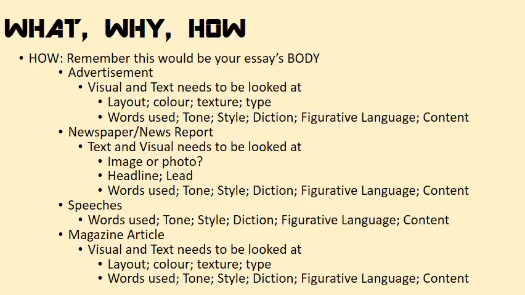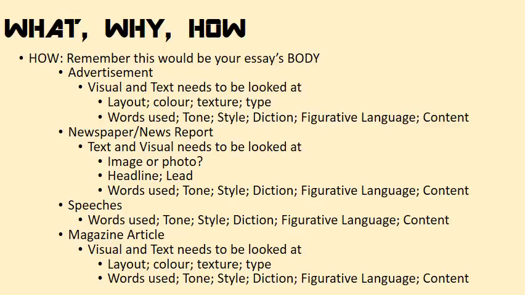Newspapers. Again, text I put in front of visual because it's the text which is going to matter the most here, the content, rather than the visual. But you can have a photo or an image in a newspaper report. And again, with a magazine article, both visual and the text need to be looked at.